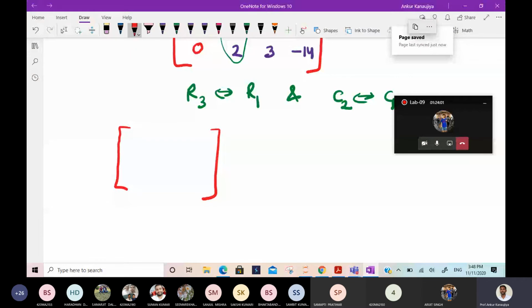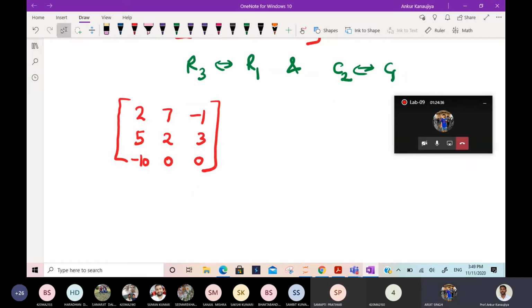So tell me some random entry of the matrix. 3 cross 3 matrix, give one example. 2, 7, minus 1. 5, 2, 3. Minus 10, 0, 0. So what is the maximum here? Minus 10, the maximum modulus.